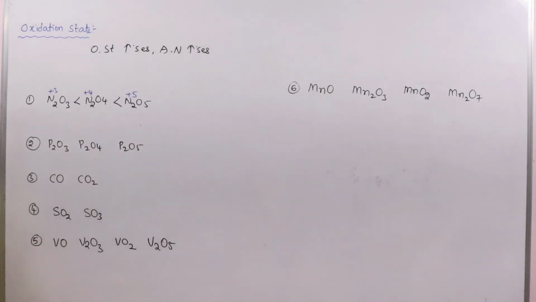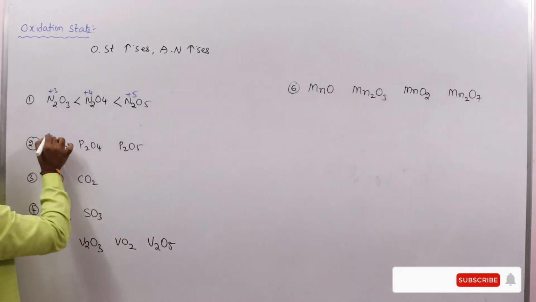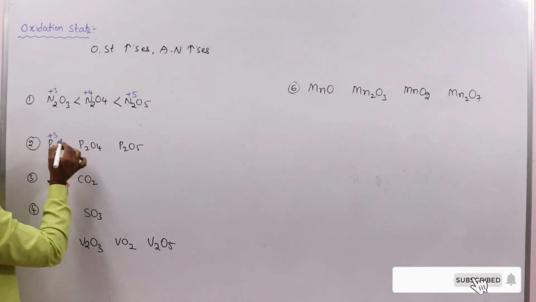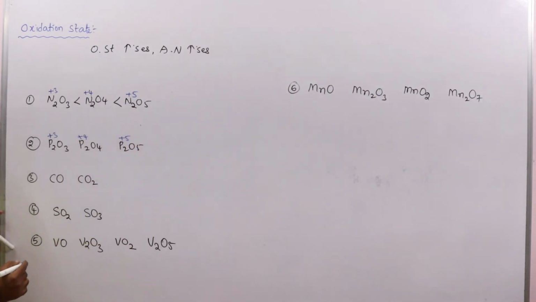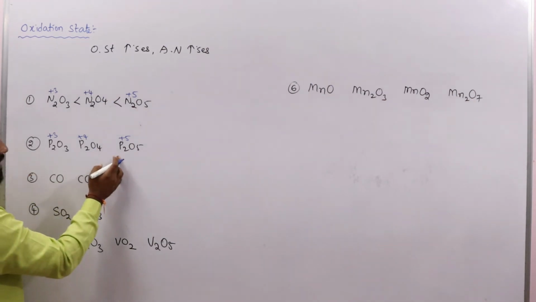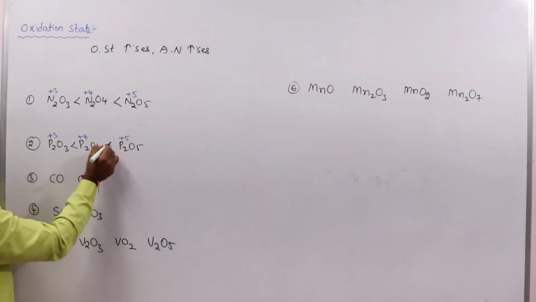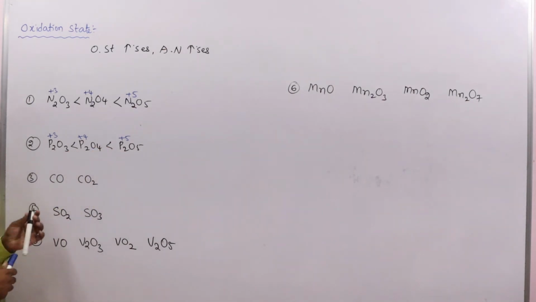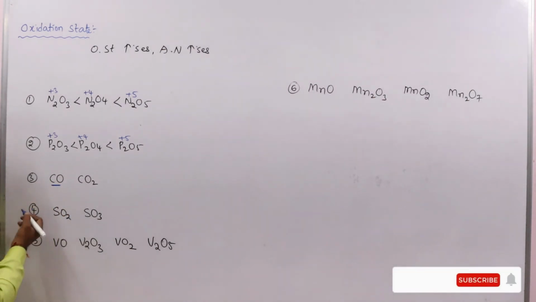Next, in the example P2O3, P2O4, P2O5, the oxidation state of phosphorus is +3, +4, +5. In this case also the oxidation state increases, so acidic nature increases. In the example CO and CO2, we know that CO is a neutral oxide.